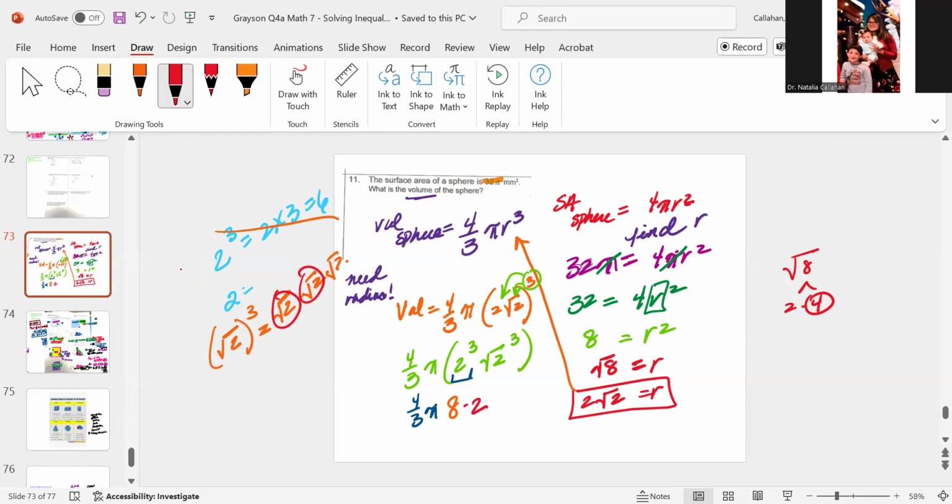It comes out as a 2. There's just 1 right there, so that one stays inside. 2 times 8 is 16. Square root 2. Simplify that. I can simplify by doing 4 times 16, which is 64 over 3 pi square root 2. 64 divided by 3.